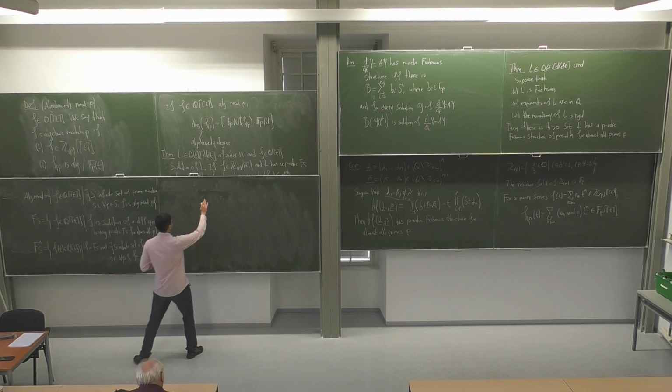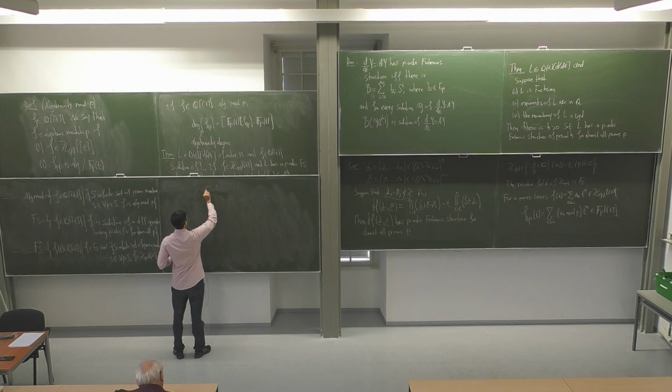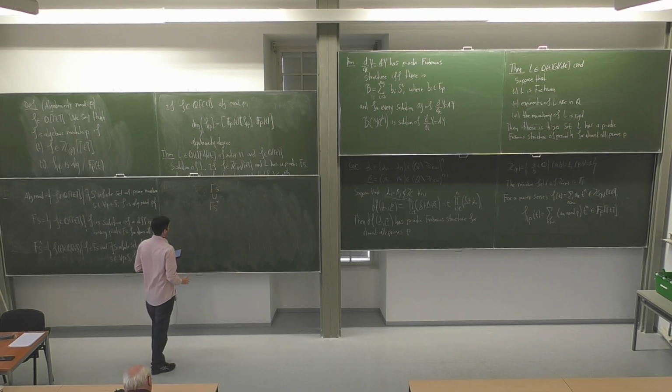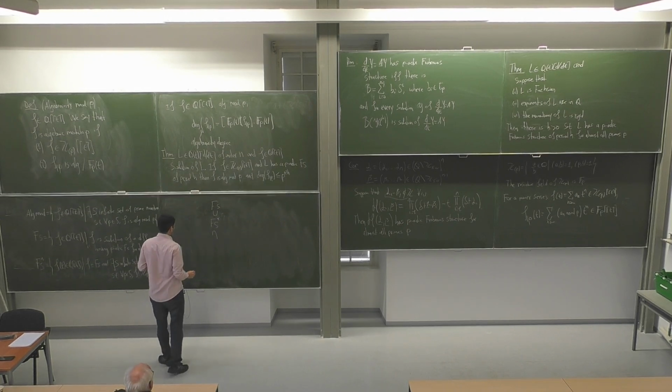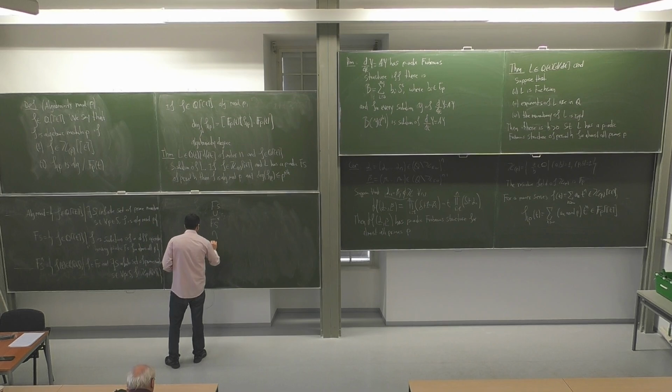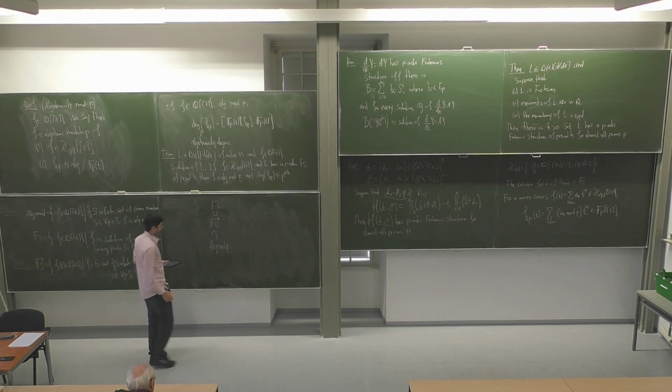Of course, Frobenius structure star is inside Frobenius structure, and thanks to this theorem, Frobenius structure star is inside algebraicity modulo P. Okay?